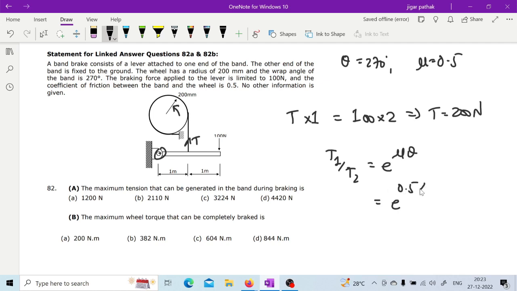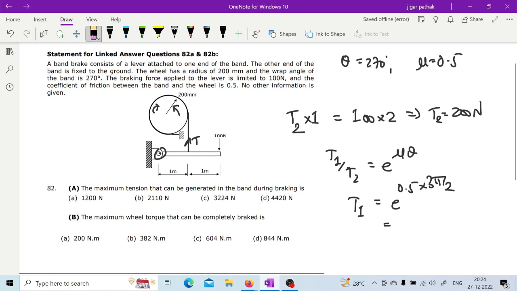So e raised to 0.5 into 3 pi by 2. This is T2 actually. Then you will find your T1. In that case, this direction needs to be assumed this way. So this T1 you are getting as 2110 Newton, correct?